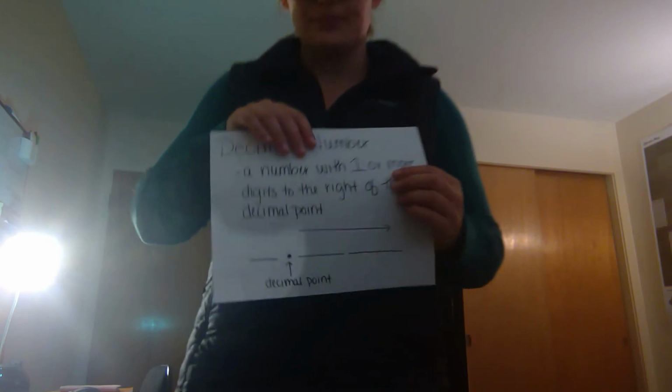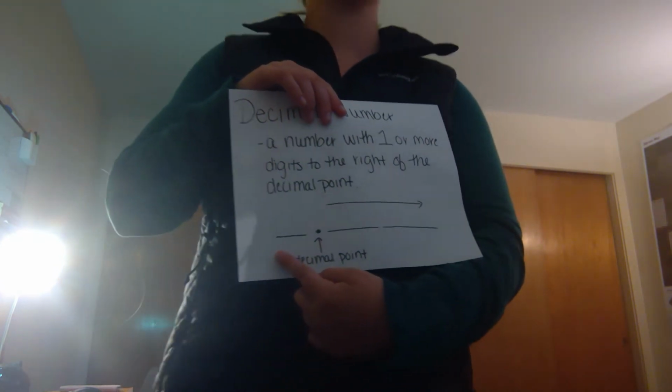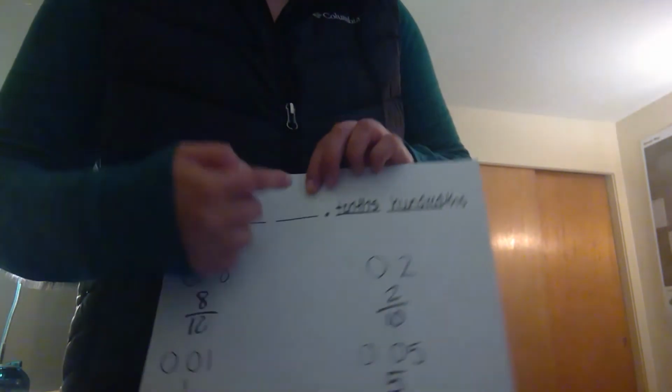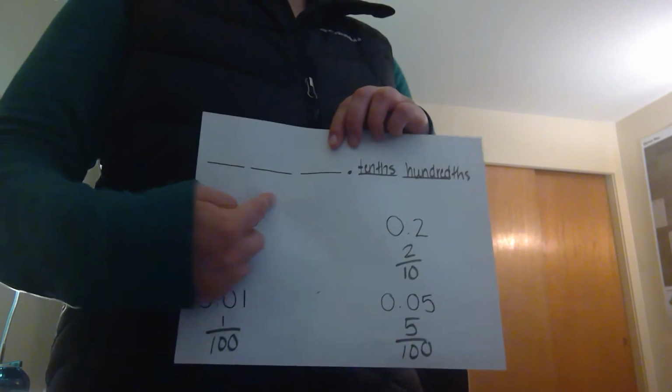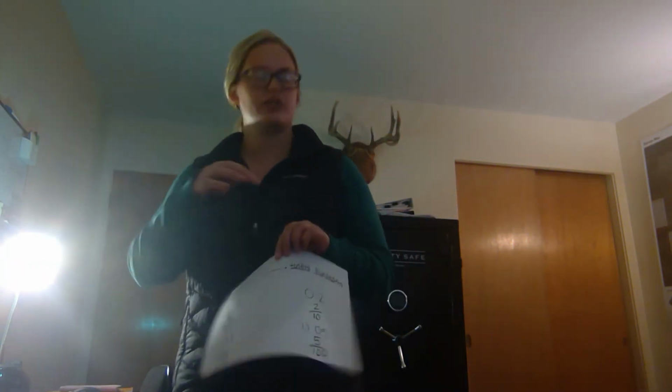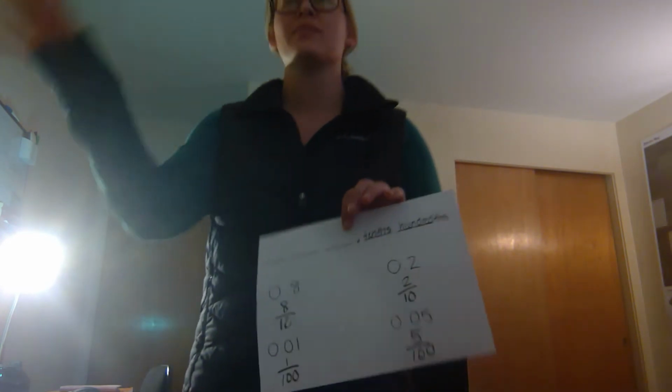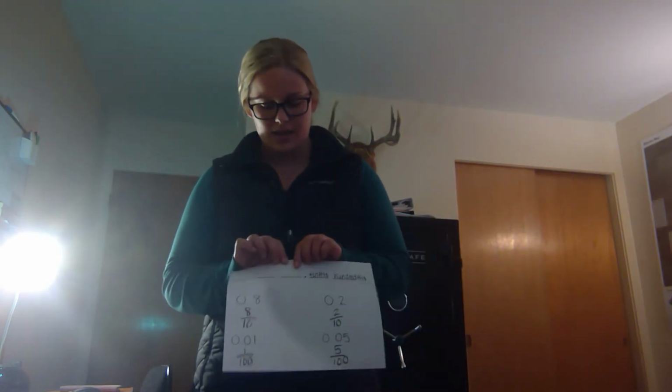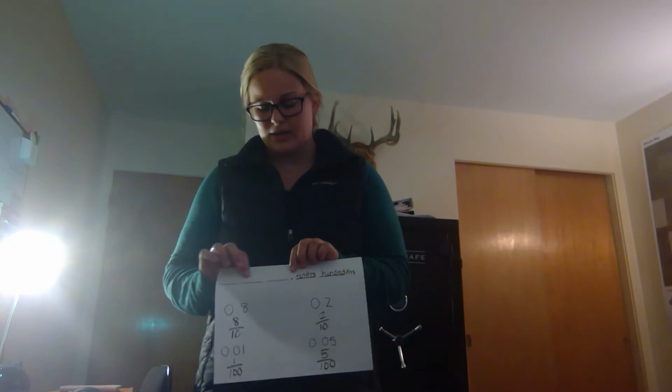So we have our ones place, tens place, and hundreds place. Those are our place values for the whole numbers.